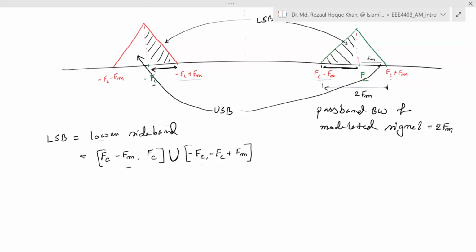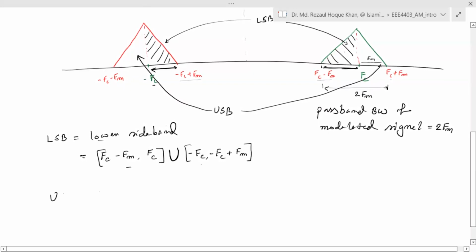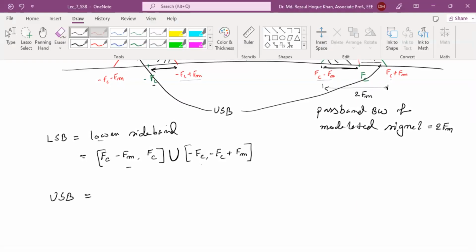Same thing, the USB, upper sideband, is nothing but the other portion, right?